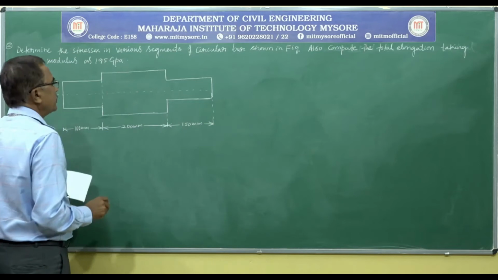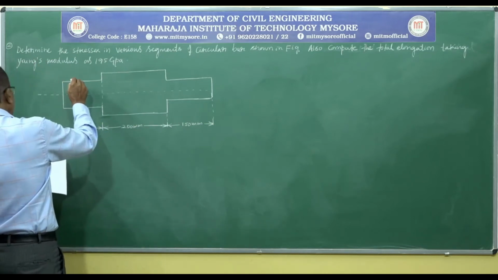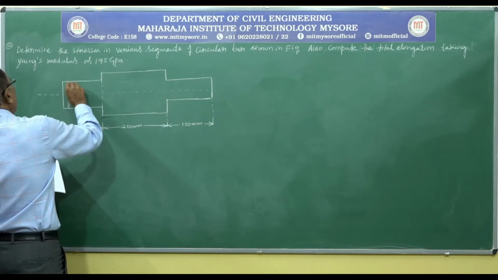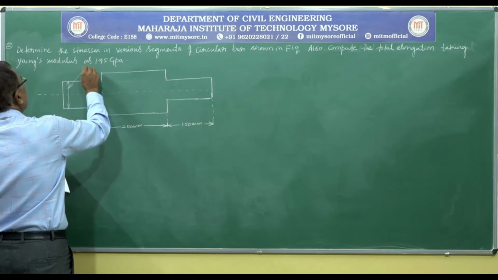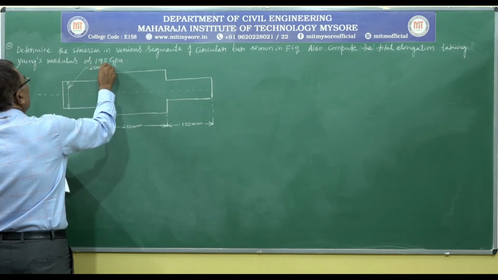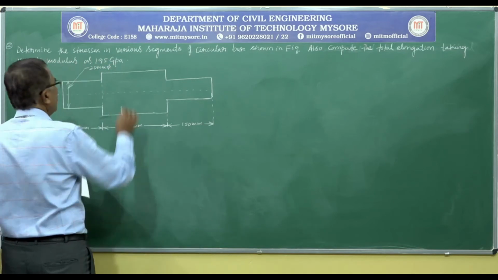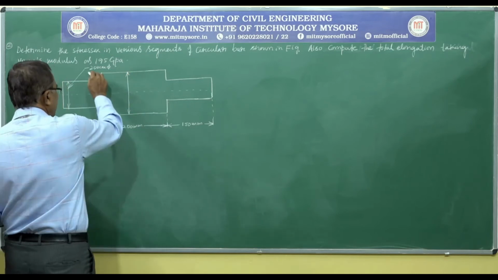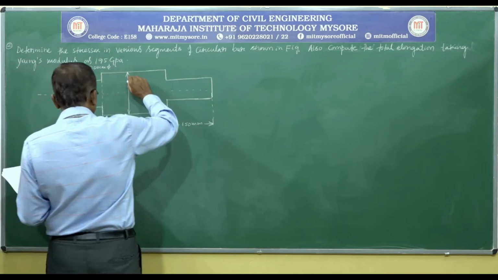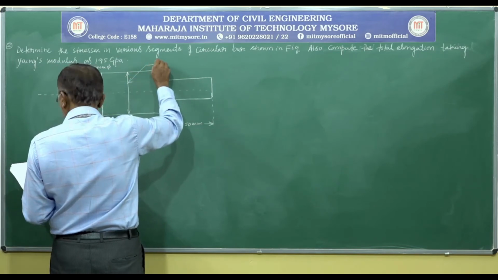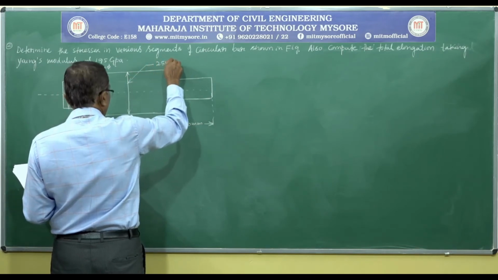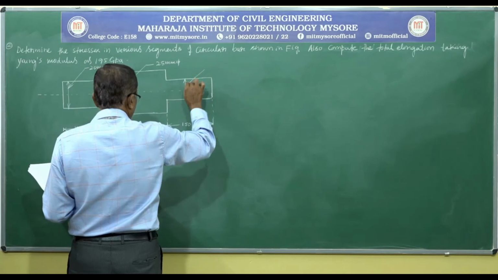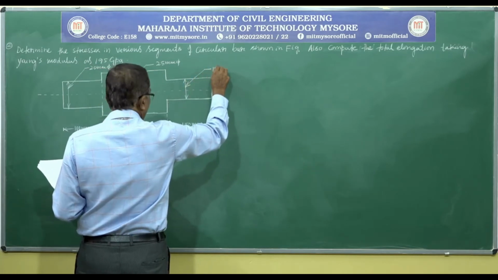The first segment has a diameter of 20 millimeter. Here the phi symbol indicates diameter, even if it is not mentioned as a circular bar, if they give it like this, it is the diameter. The second portion has a diameter of 25 millimeter, and the third portion has a diameter of 15 millimeter.